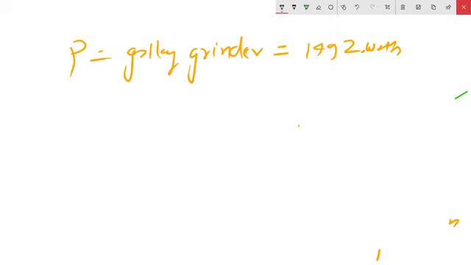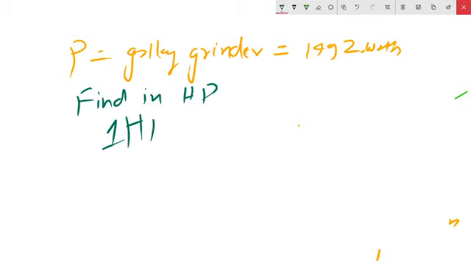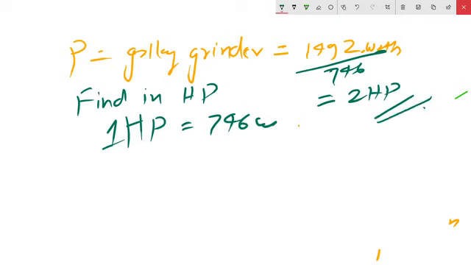Now they are asking to find the value in HP. 1 HP we already know is equal to 746 watts. So we divide this by 746, which will give you around 2 HP. That will be the answer.